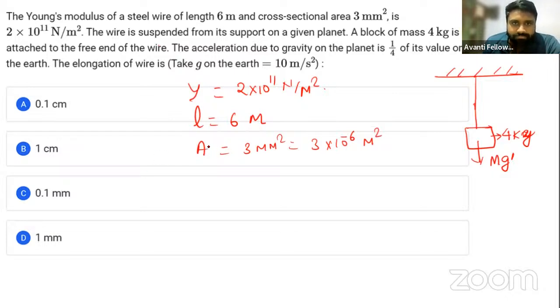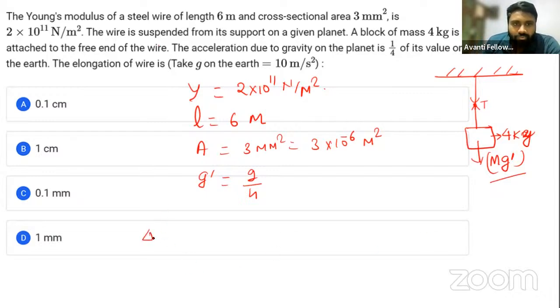Now, the acceleration due to gravity on that planet, g dash, is 1 by 4 of the gravitation on earth. Now this weight produces the tension in this wire, and tension will be equal to this load. So the load applied here is mg dash.